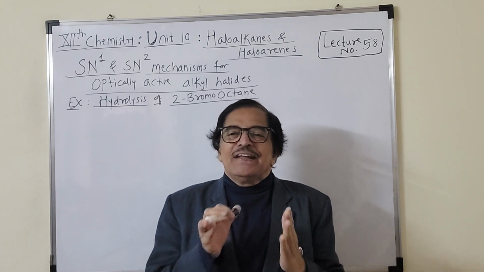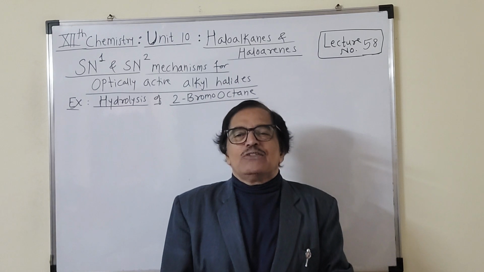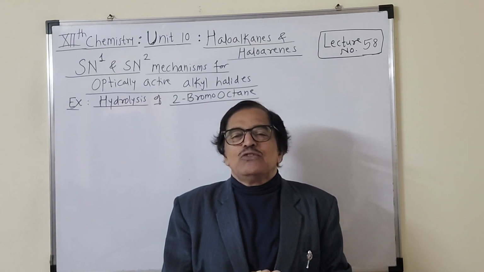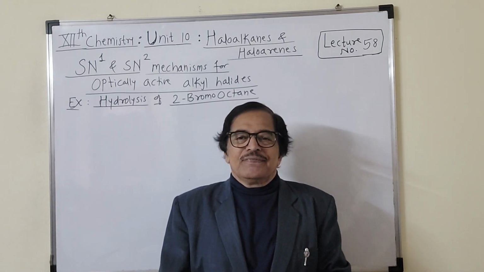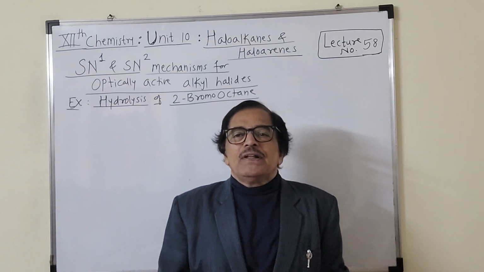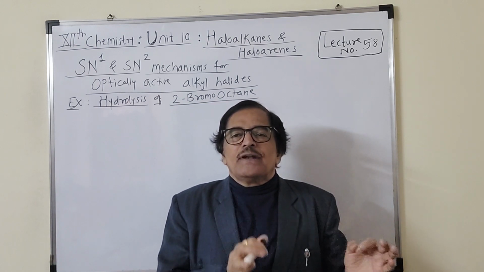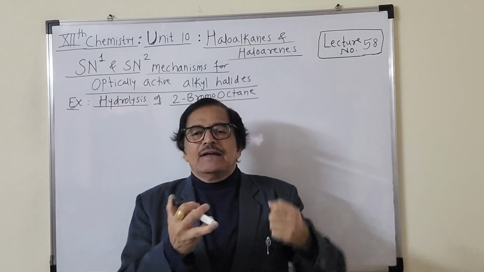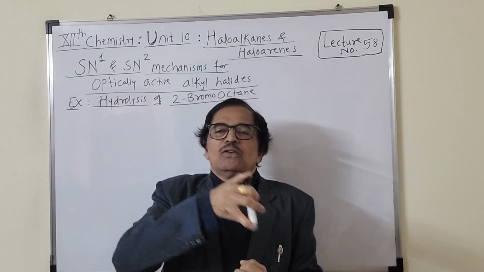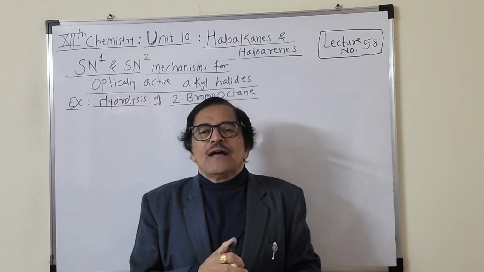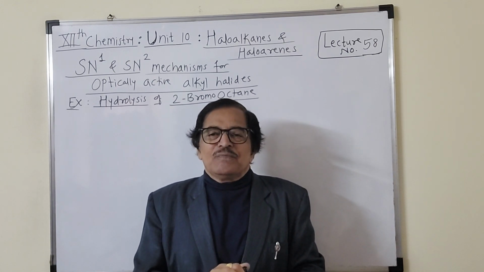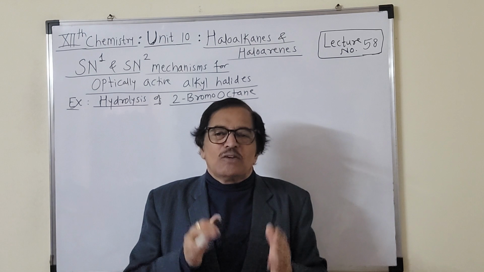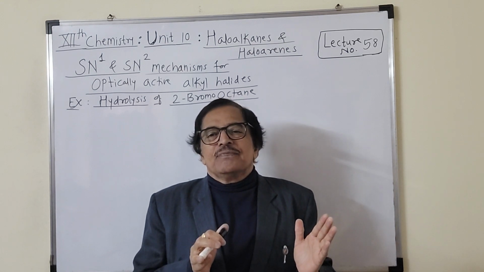Now we have studied in detail regarding optical isomerism, optical activity, enantiomers and all. We know that the property of an organic compound to rotate the plane of vibration of plane polarized light either towards the right side or towards the left side is known as optical activity, and such compounds are called optically active compounds.